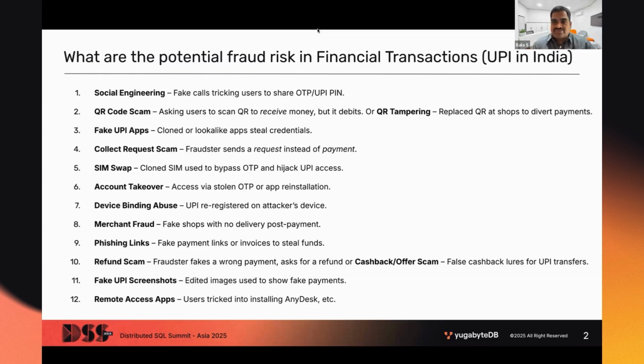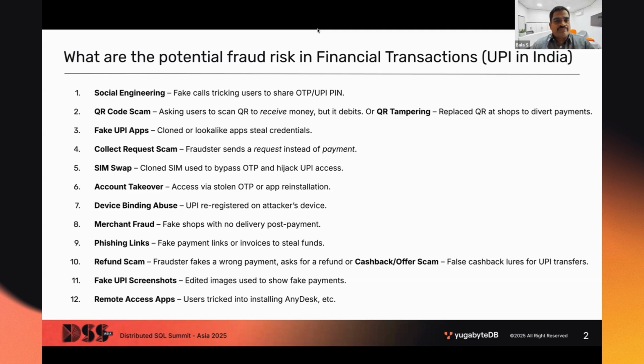NPCI looks at all of this very closely from an authority and regulatory perspective. What are the potential fraud risks in this UPI world? UPI is a fast-moving payment channel where people pay immediately and get it done, but plenty of fraud elements are involved here.